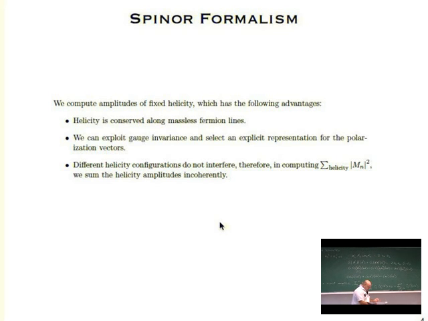The last ingredient that we need for computing scattering amplitudes is to give a spinorial representation of the polarization of massless vector bosons, namely the wave functions of the spin 1 boson, massless spin 1 particle, which will be used to represent photon and equivalently gluon polarization in QCD.